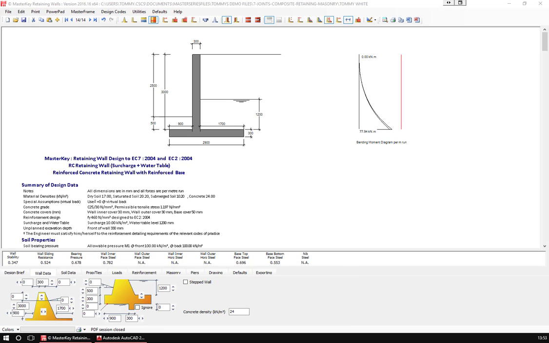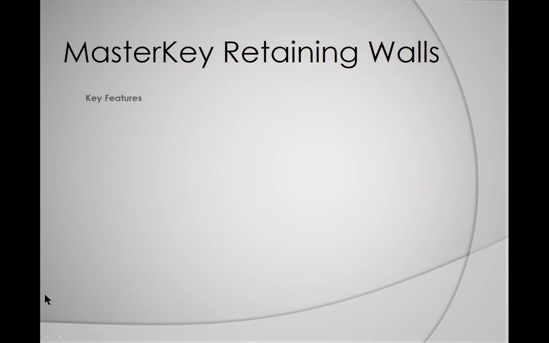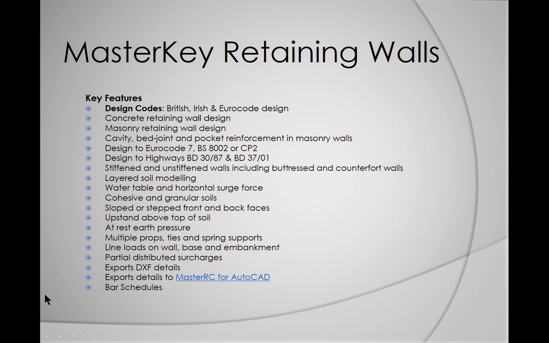So ladies and gentlemen, that leaves me to do a quick recap on where we were on the PowerPoint presentation, and that's the button I want. So what have we seen today? We have seen design to the British and the EuroCodes as well as the Irish. We've seen concrete and masonry, and we've seen cavity, bed joint and pocket reinforced masonry walls.